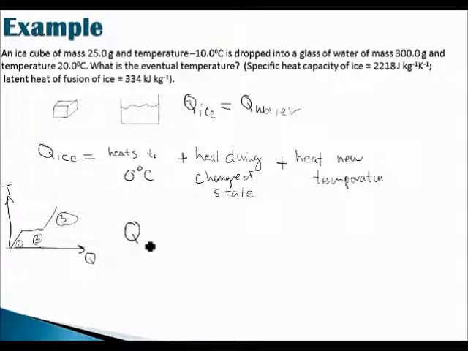So we'll start with the heating of water. Like I said, in this one we know that it's not going to go below the freezing point because the ice cube has such a low mass. So the only heat that comes from there is the water cools to the new temperature. So this involves specific heat capacity.